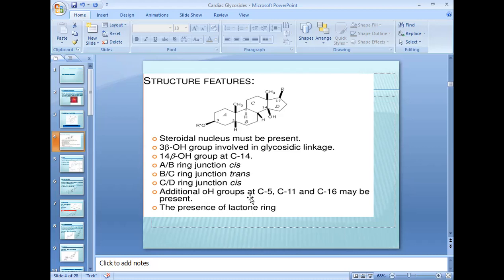Additionally, hydroxyl can be attached to other carbon atoms like carbon 5, 11, and 16. And a lactone ring must be present at carbon 17, which is a part of the cardiac glycoside.